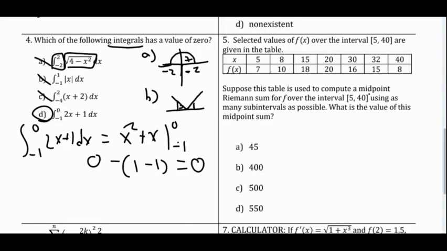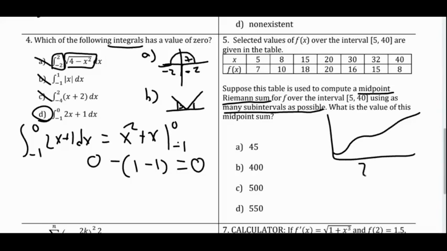We're given a table of values of f of x, and we're trying to compute a midpoint Riemann sum over the interval using as many sub-intervals as possible. So, just to remind you what a midpoint Riemann sum is, if I have a graph, and if I'm doing it from 2 to 6, and let's say there's 2 subintervals, instead of finding the values at 2, 4, and 6, I find the values at 3 and at 5.